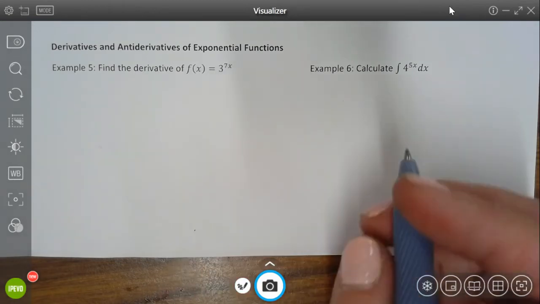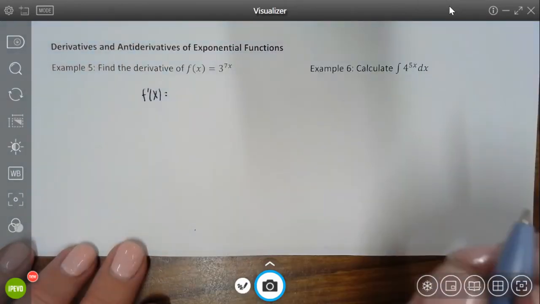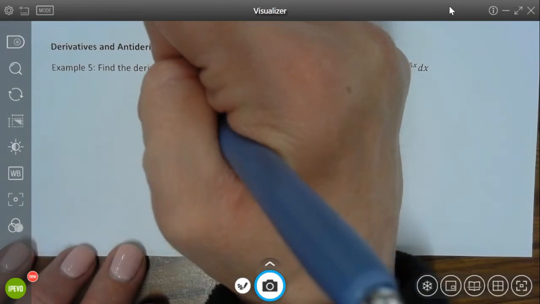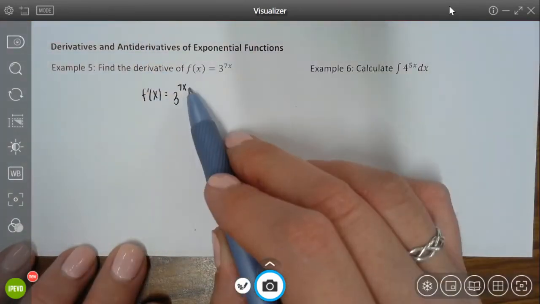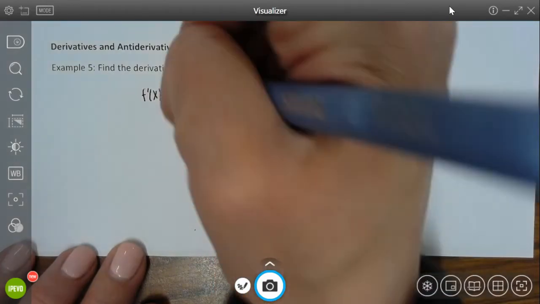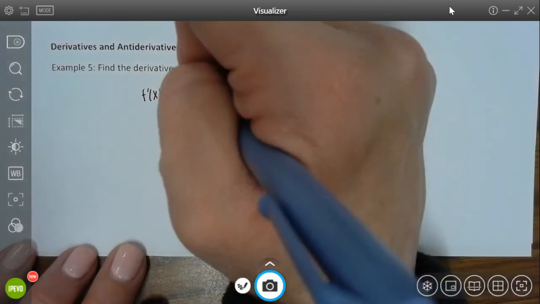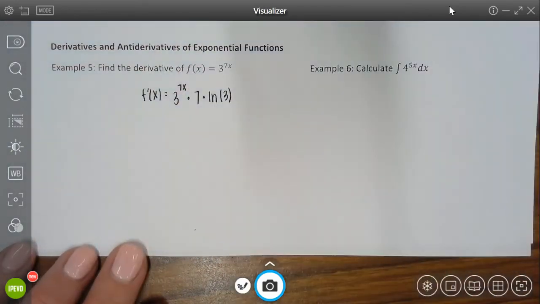The rule was to say my f prime here would be: keep whatever that expression is the same, multiply by the derivative of the exponent, and then multiply that by the natural log of whatever the base is. So my base here is 3, so that'd be multiplied by the natural log of 3. And you could rearrange these terms if you wanted to, so you can make it look a little bit nicer, or you could leave it in that form as well.